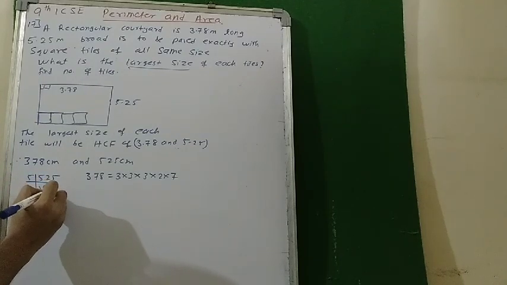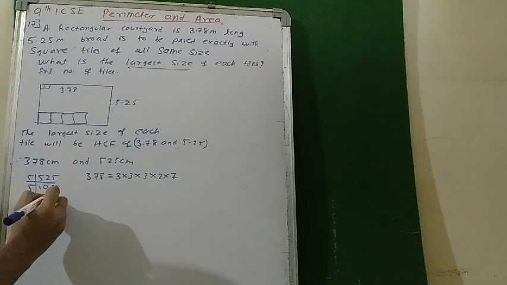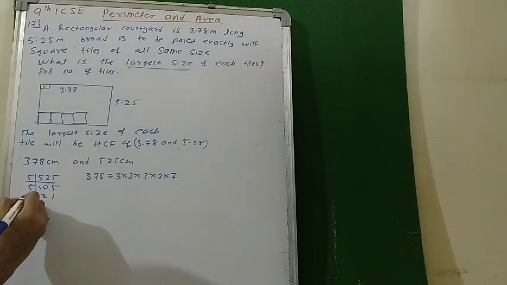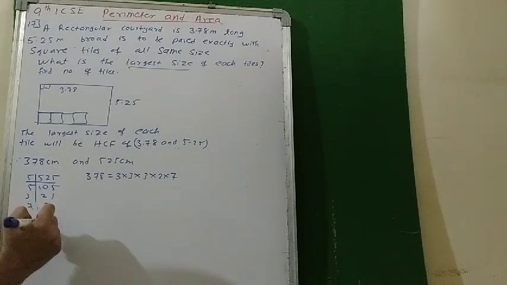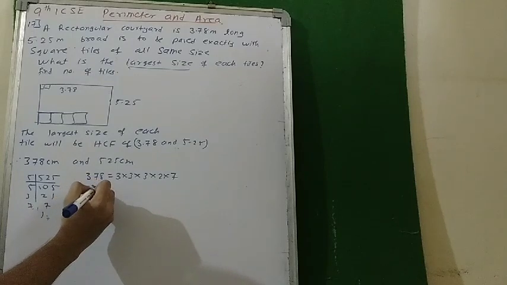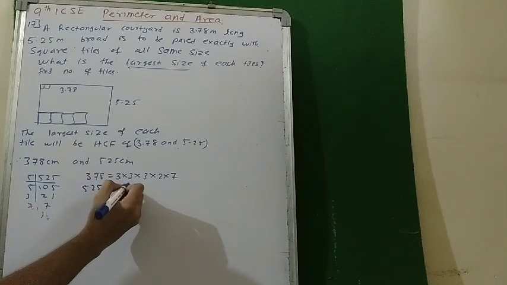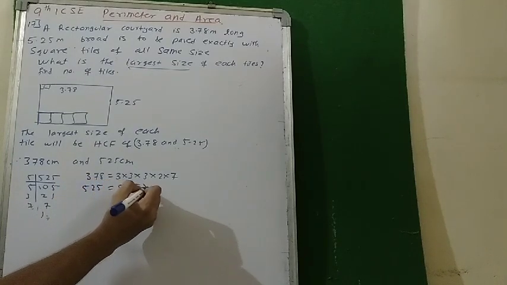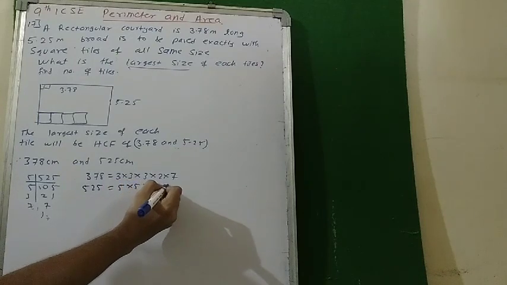5 1s are 5, 5 2s are 10, 5 3s are 15, 7 1s are 7. So 525 is 5 into 5 into 3 into 7.